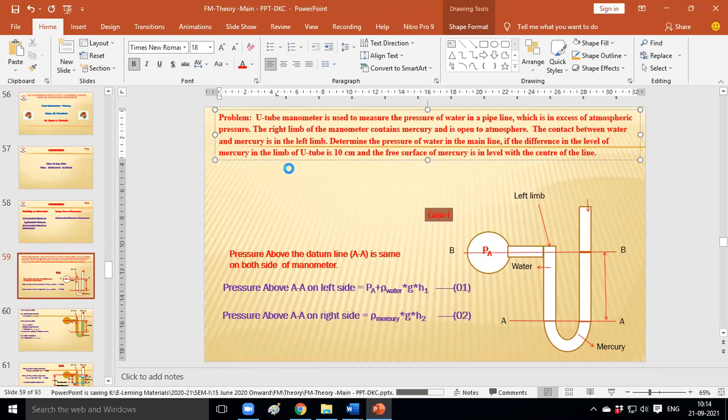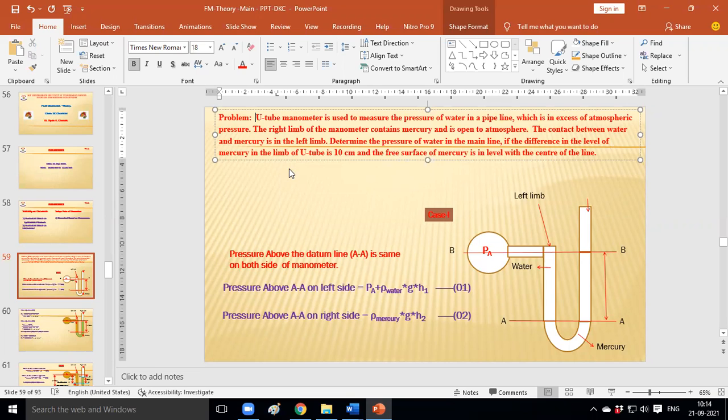The right limb of manometer contains the mercury and is open to the atmosphere. The contact between water and mercury is in the left limb. Determine the pressure of water in the main pipeline.